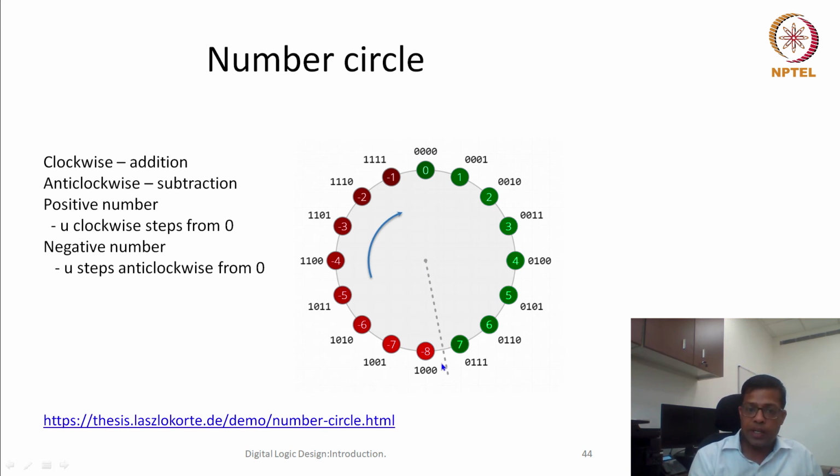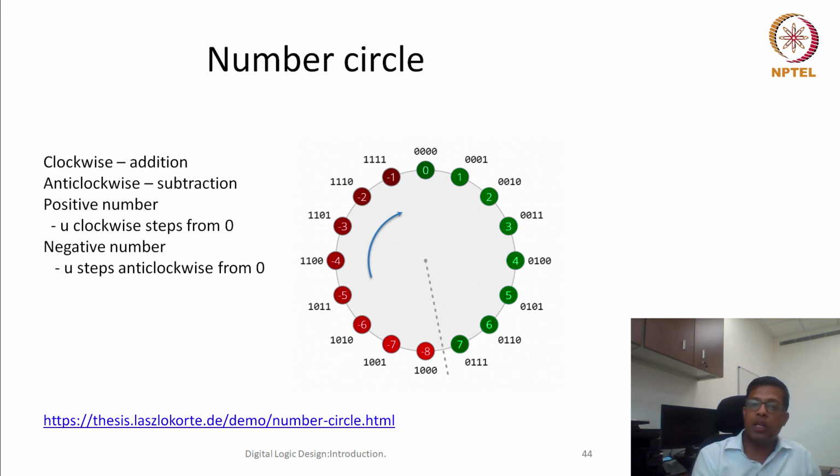Discontinuity would happen here. If I am crossing this particular line, so let's say I am adding 1 to 7, then it will give me 1000. Because I am crossing this line of discontinuity, this would be an overflow condition, because 1000 does not represent 8, but it represents -8. 8 is essentially out of bound for this representation.